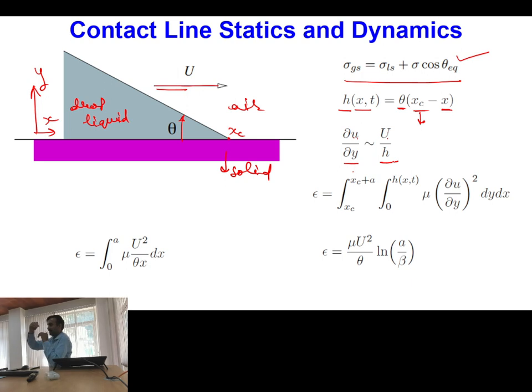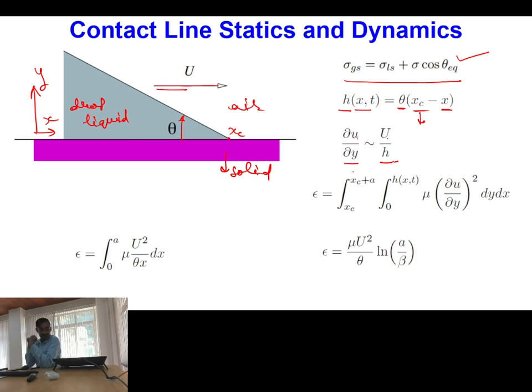Because when the contact line is moving, there are some viscous stresses at the contact point, because of which that energy is dissipating. So if you can relate the dissipated energy with the energy you have within the droplet for its motion, then you can define the motion of the contact line.